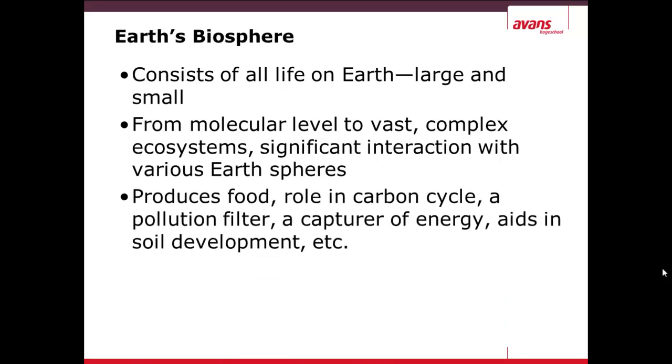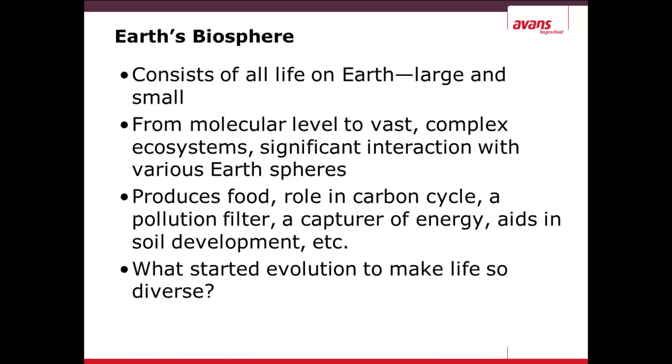It produces food, has a very large role in the carbon cycle, acts as a pollution filter, captures energy, and of course aids in soil development, and also atmosphere development. As I mentioned before, oxygen on our planet is now 21% due to the molecular transfer of microorganisms.